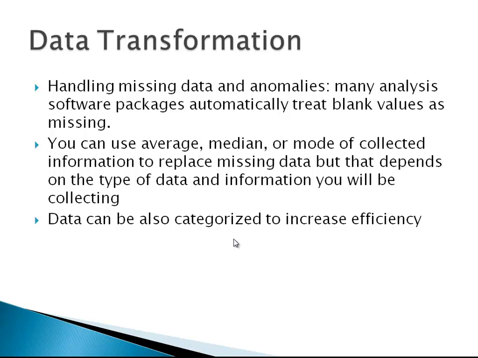Other packages will allow you to use the average, the median, or the mode of the collected information to replace the missing data. But again, all that depends on the type of information that you are collecting. If it's sensitive information, you cannot replace the missing data with zeros or with the average, because that might skew the data and give different results. You would like the data that you are dealing with to be as accurate as possible.